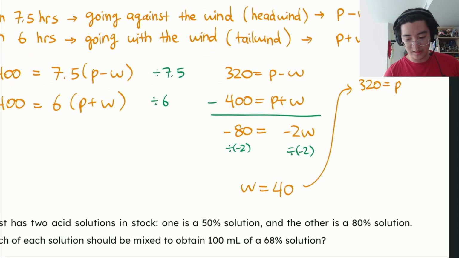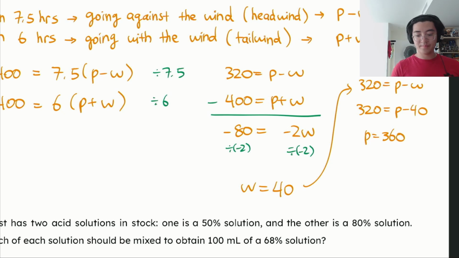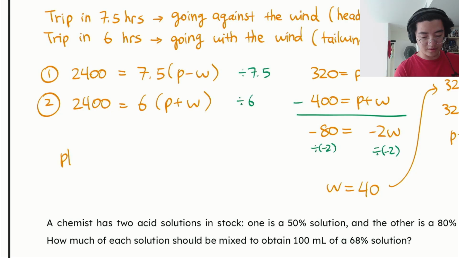But as usual, we still have to plug it in. p minus 40 equals 320. We add 40 to both sides to get p at 360. Of course, we don't know what the variables actually are, so we have to specify. The plane speed is 360 kilometers per hour. The wind speed is 40 kilometers per hour.